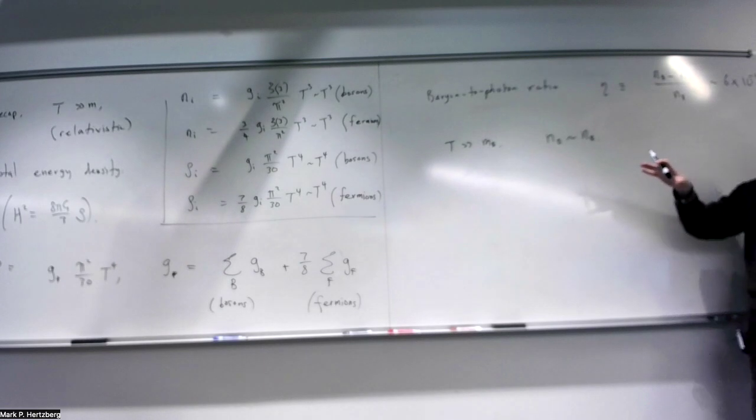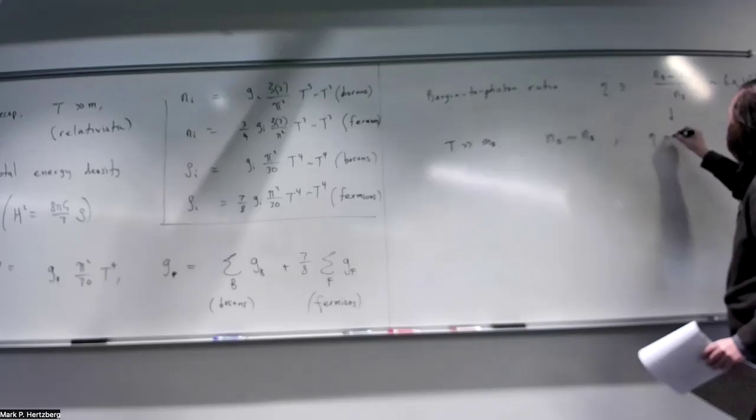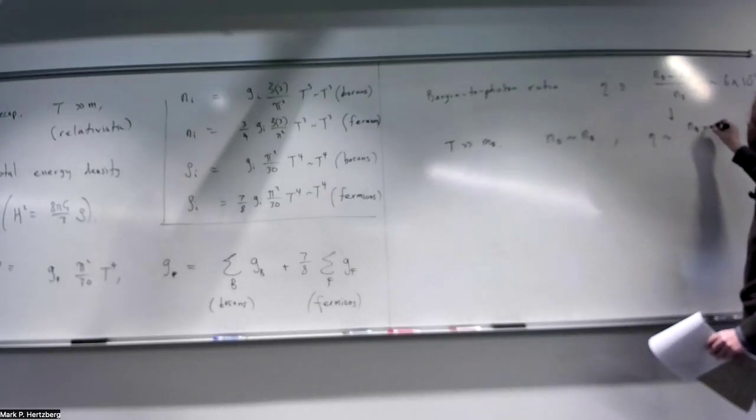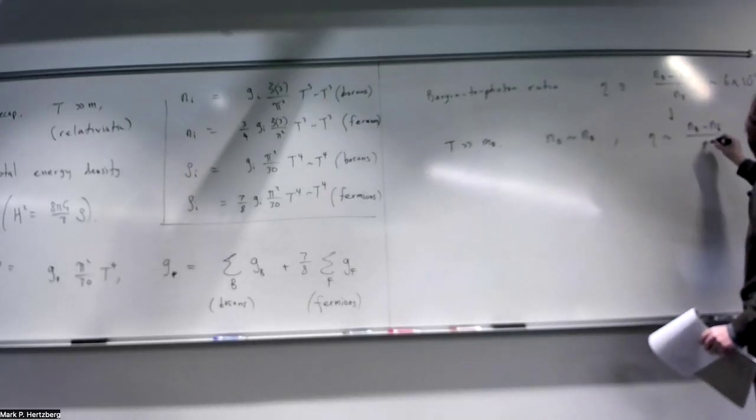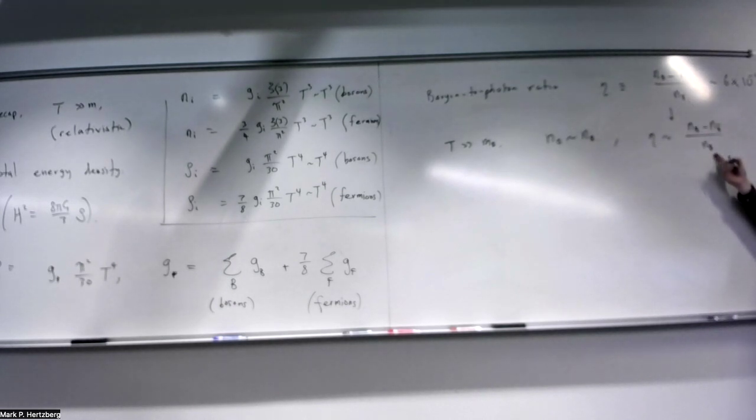So eta is order n baryon minus the number of antibaryons over the number of baryons at these high temperatures, not at low temperatures. The denominator I can estimate as the number of baryons or antibaryons. And if there are baryon preserving processes, the difference between the number of baryons and antibaryons won't change, if we don't have baryon violating processes.